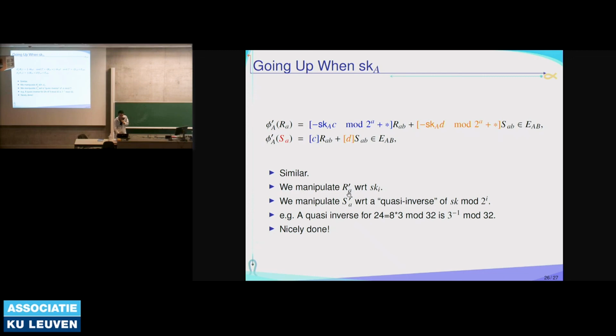What we do here is we manipulate RA prime as before, and we manipulate SA prime with respect to the quasi-inverse of SK modulo 2^i. This is a term we invented ourselves, so it is not a formal mathematical term. A quasi-inverse means that, for example, 24 is 8 multiplied by 3 modulo 32, and the quasi-inverse is that we just focus on the non-power-of-2 part, the inverse of 3.